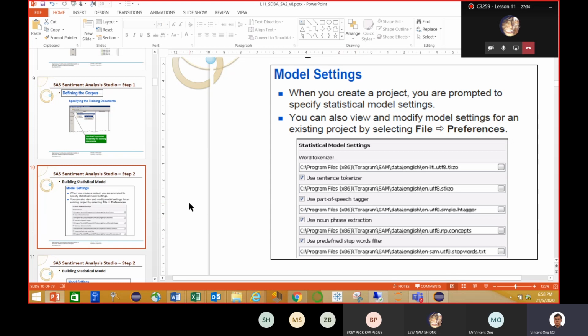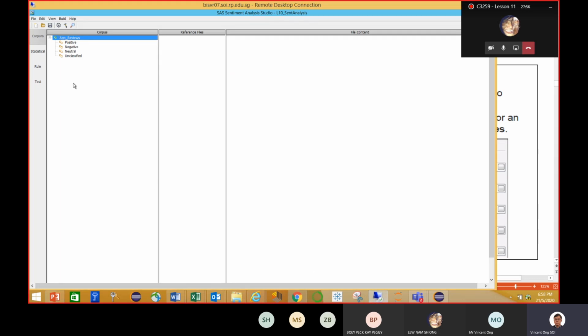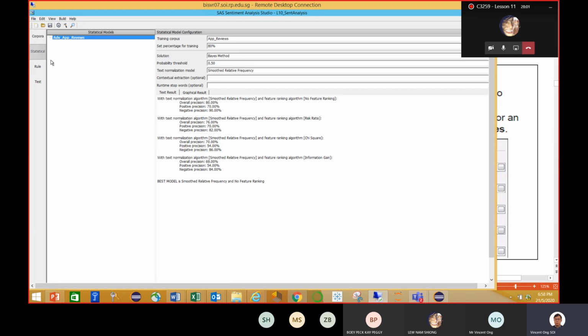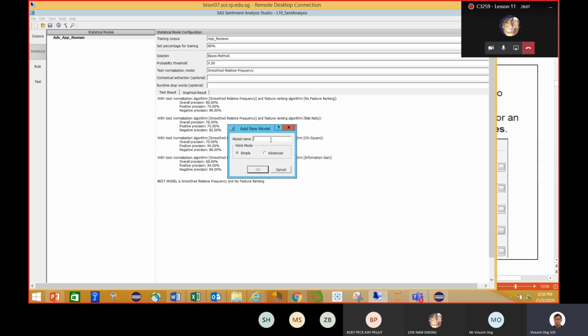Remember, before we can do any kind of processing, whether sentiment analysis, topic extraction, or information retrieval, you need to go through the same processing: stemming, text parsing, text filtering, normalization, and all those things. So for example, a new model. I just say new model.